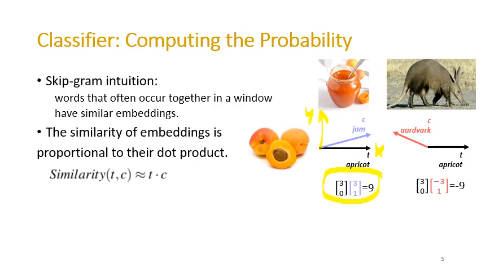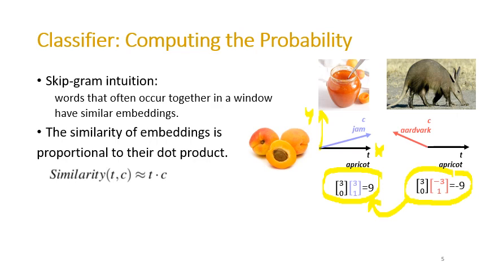However, in the case of the words apricot and aardvark, again I just made up these numbers, but just to show that the dot product is much smaller than for the similar vectors. So here we can see how the dot product may reflect how similar two vectors are.